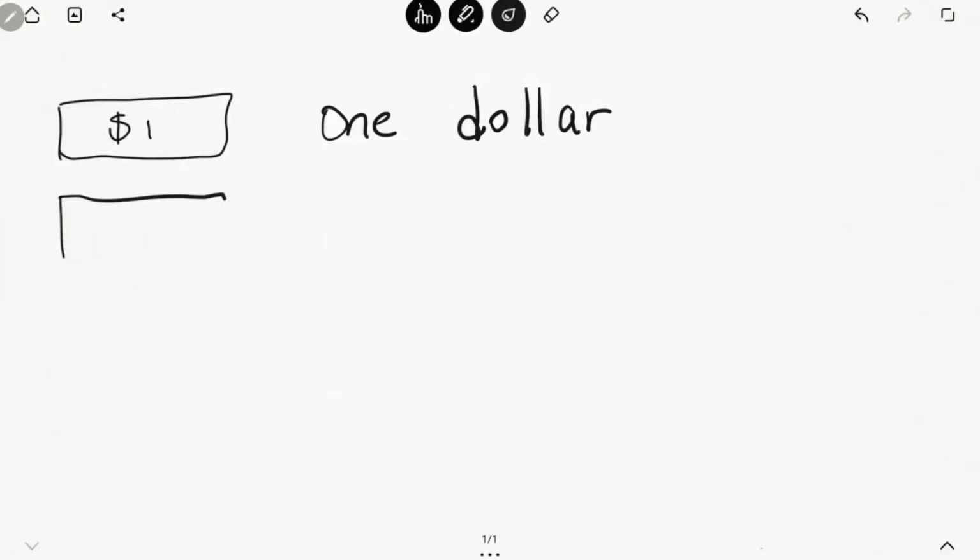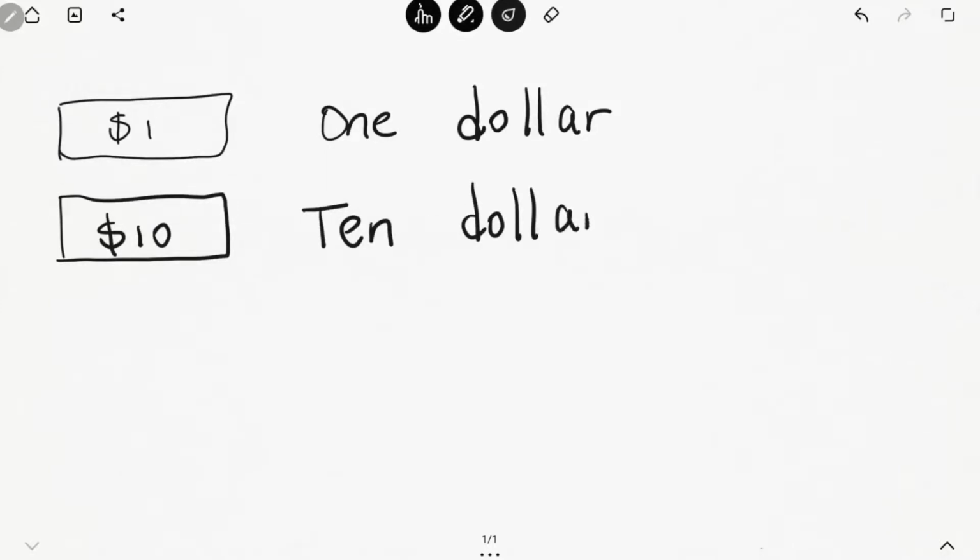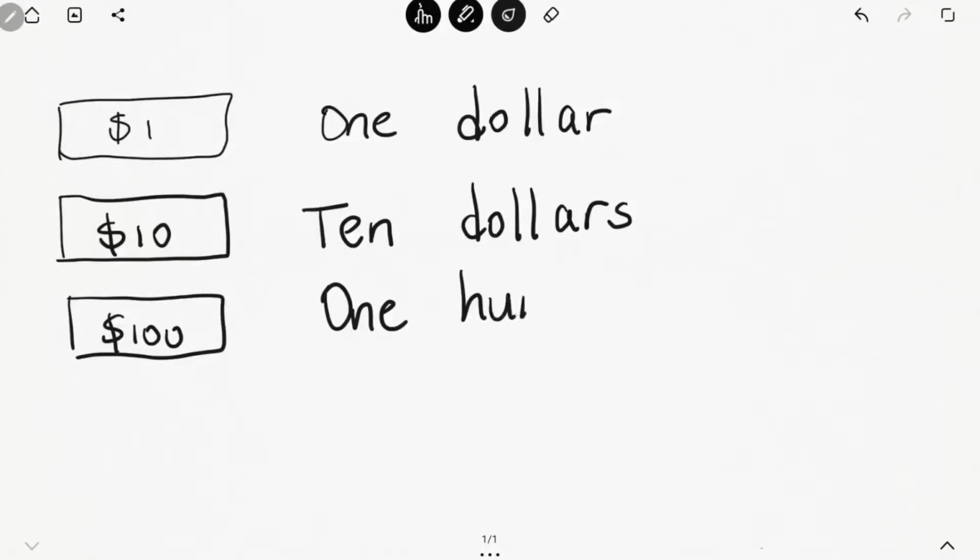My handwriting isn't the best, but you know, it is what it is. And now we have $10, so showing you how to write it in words. All right, and now we have $100.